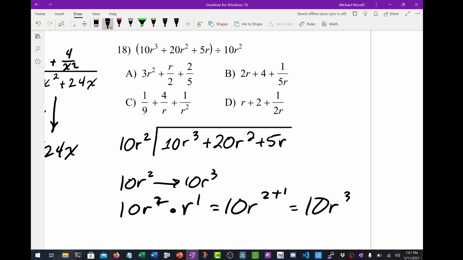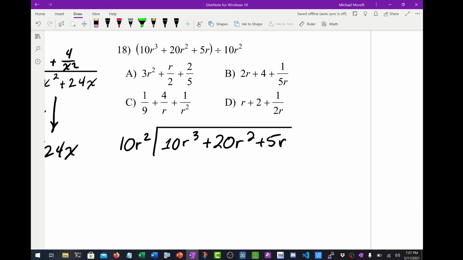That's what I want. So all I really need to do is multiply by r to the first power, or just r. So the first term of my quotient is just r. 10r squared times r is 10r cubed. That leaves no remainder.